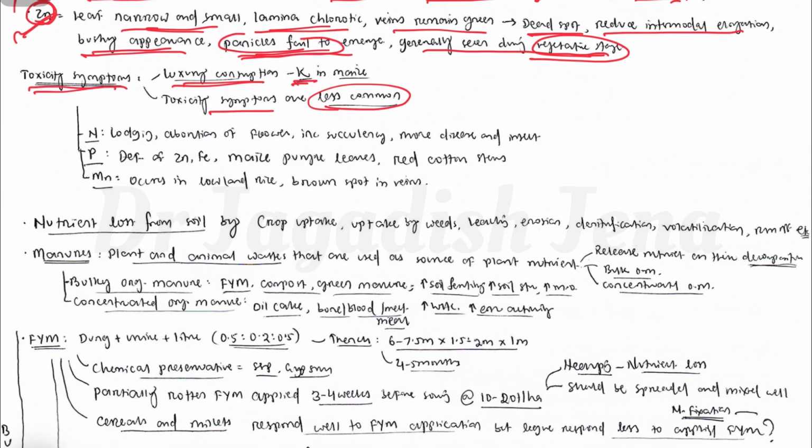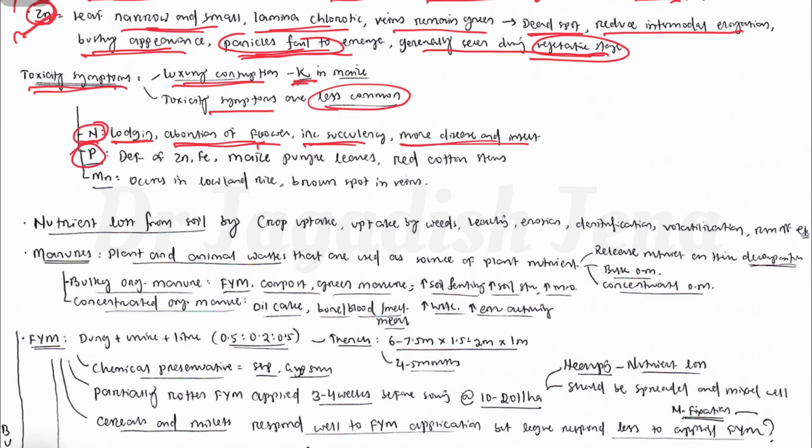Now, in the case of nitrogen toxicity, you can find lodging, because nitrogen promotes vegetative growth, and if there is excess vegetative growth, there will be a lodging problem, or falling down of the plant. Then abortion of flower: with more vegetative growth, reproductive growth will be hampered. Increased succulence and more disease and pest attack will be there.